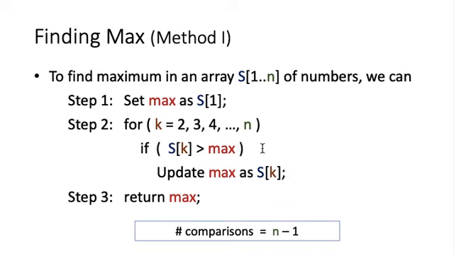And finally, we will return max. Apart from the first step, each round we will make only one comparison, taking the current item that we scan and comparing it with max to see which one is larger. So altogether, finding the maximum using method 1 requires n-1 comparisons.